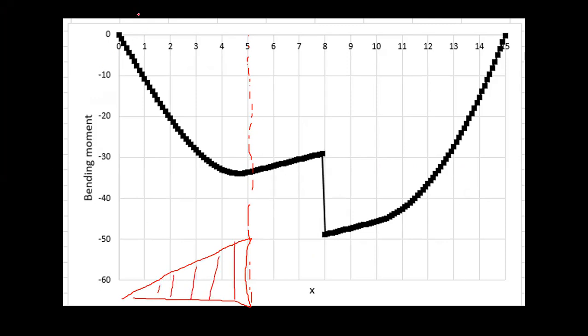That means the bending moment increases. Why? The load is increasing. The load continuously tries to bend the beam, there's no stopping it, so the beam's resistance is also increasing along this part.